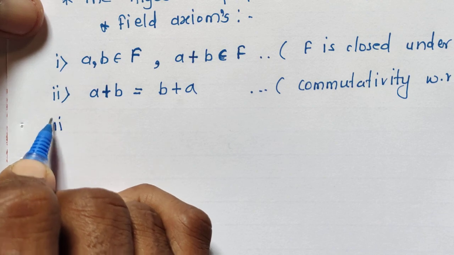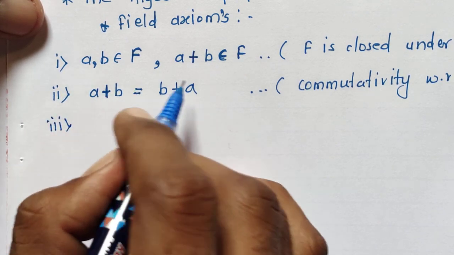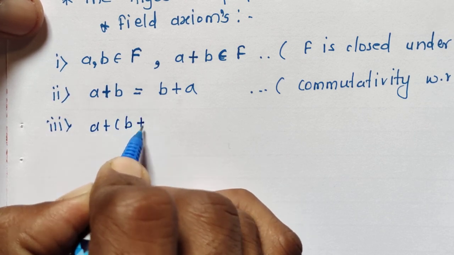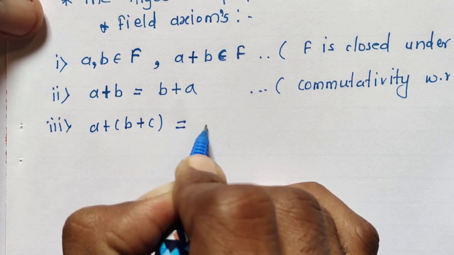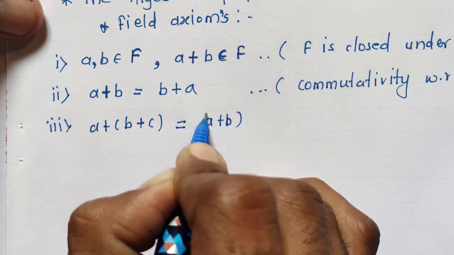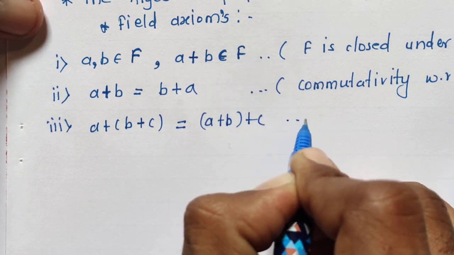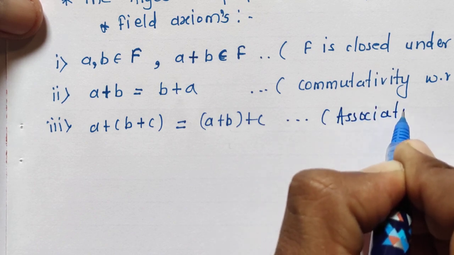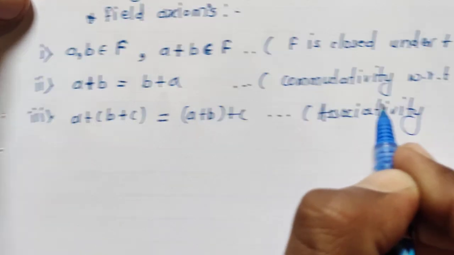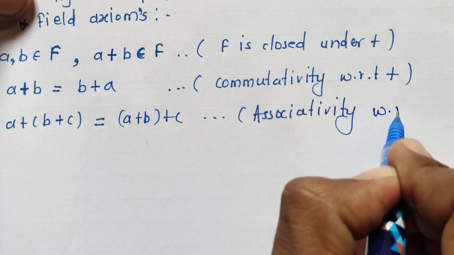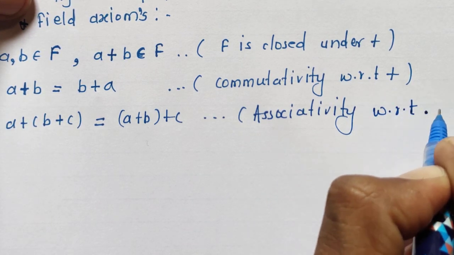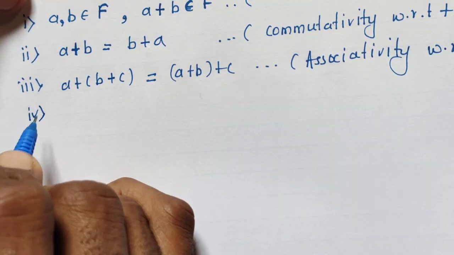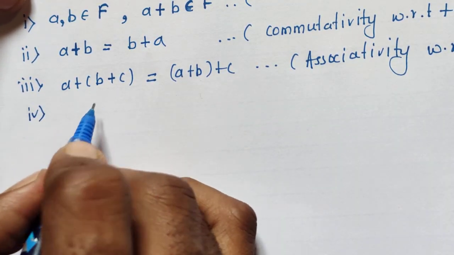Now the third property is: for any A, B, C belonging to the set F, (A plus B) plus C is equal to A plus (B plus C), and this property is called associativity with respect to addition. Now the fourth property is the existence of the zero element.